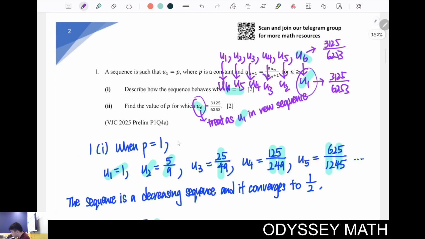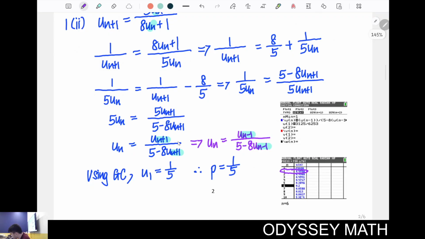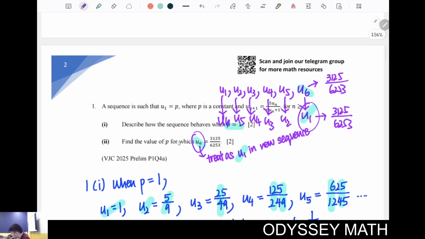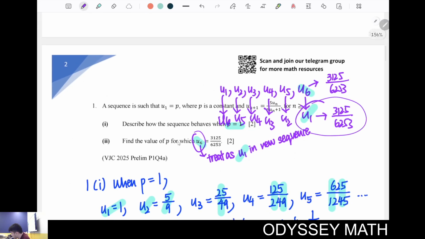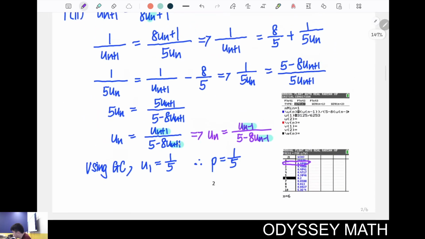So originally U6 is 3125 over 6253 by the original sequence. So now I do the reverse, I treat U6 as U1. So U1 over here is 3125 over 6253. Understand? So now I reverse the sequence. So now my GC gives me U1 is 3125 over 6253.